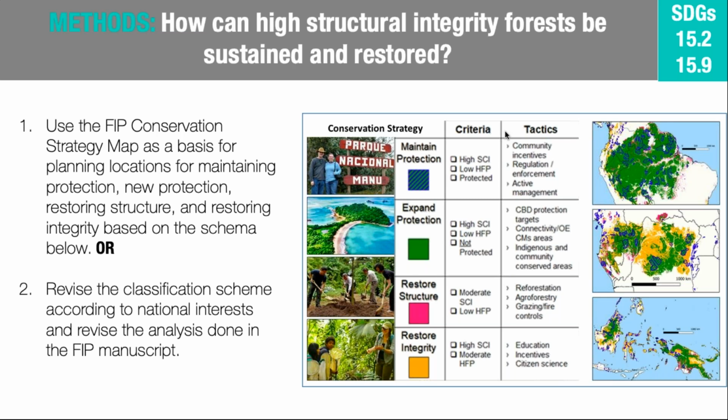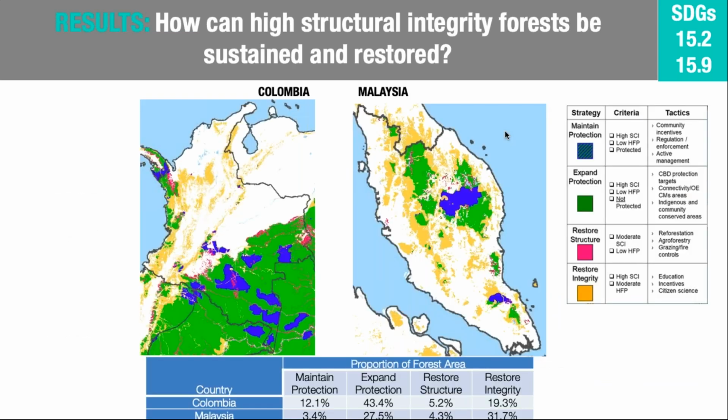And if we could go to the next slide, we'll have just an example again for Colombia and Malaysia of where each of these 4 strategies could be laid out on the ground, and the proportion of current forest area that is within each.